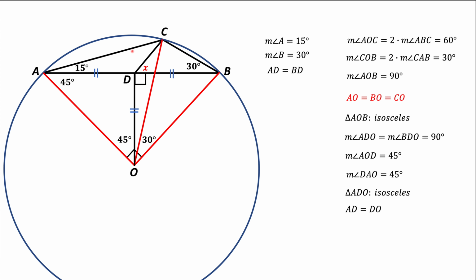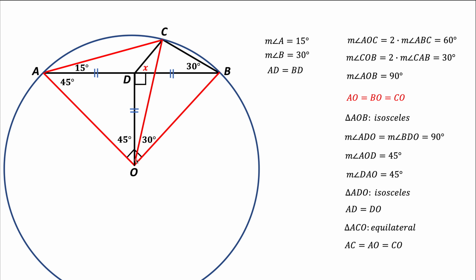But that means that the third angle C, right here, ACO, is also 60 degrees. So we have a triangle with 60, 60, 60 degrees, and such a triangle is equilateral, which means that AC is also equal to AO and CO.